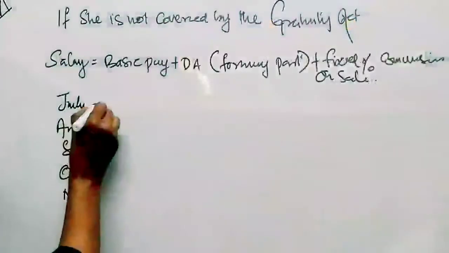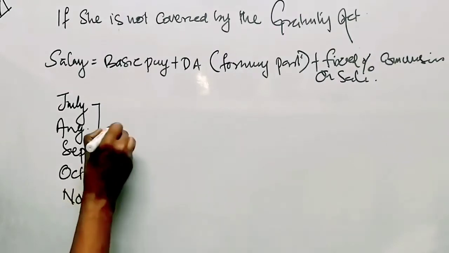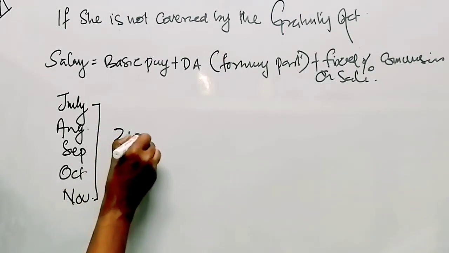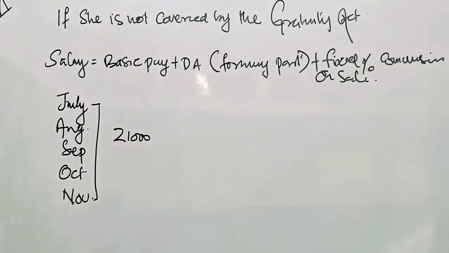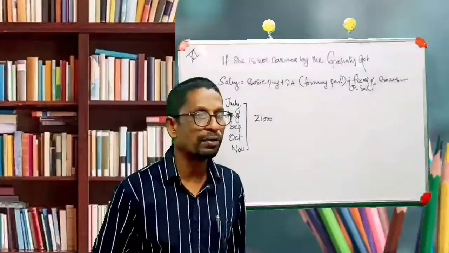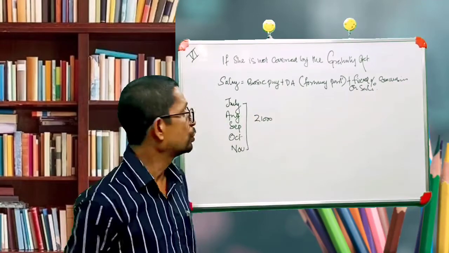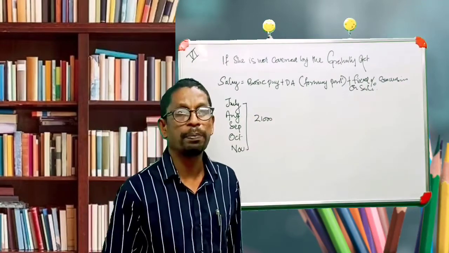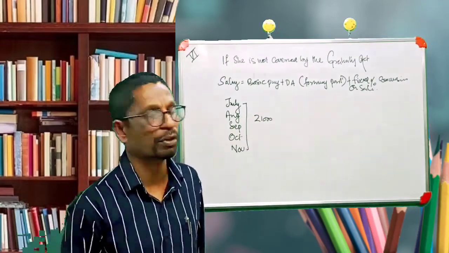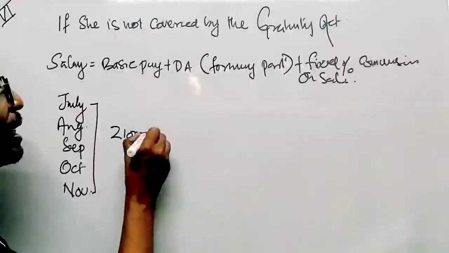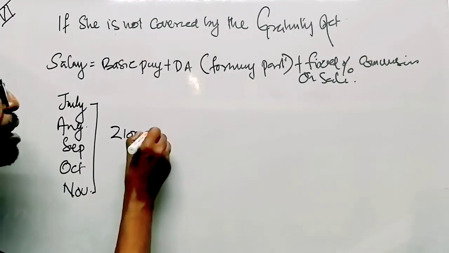Thus, for these 5 months she is getting rupees 21,000. How many months average salary here? 10 months average. So, in the months of June, May, April, March, February, etc., she was getting an amount of rupees how much now?